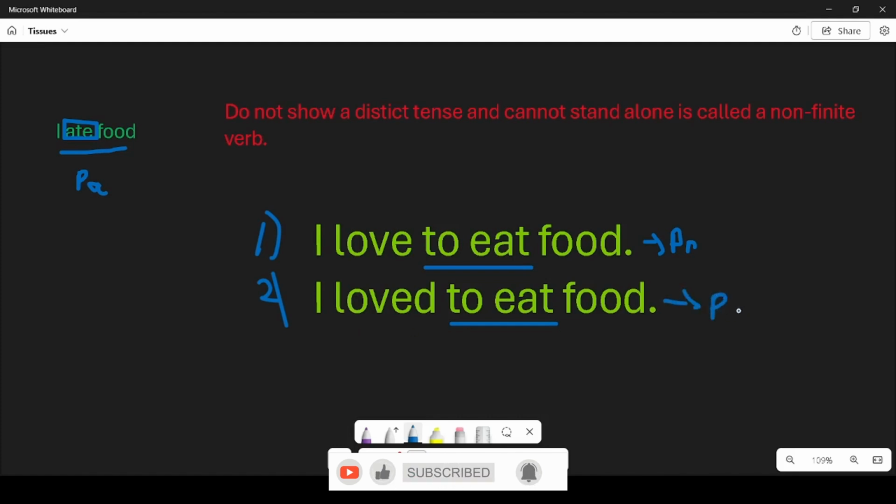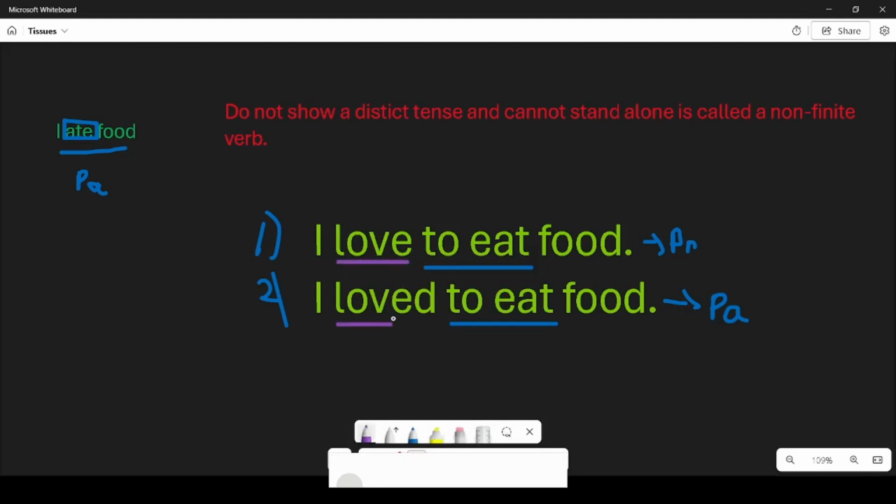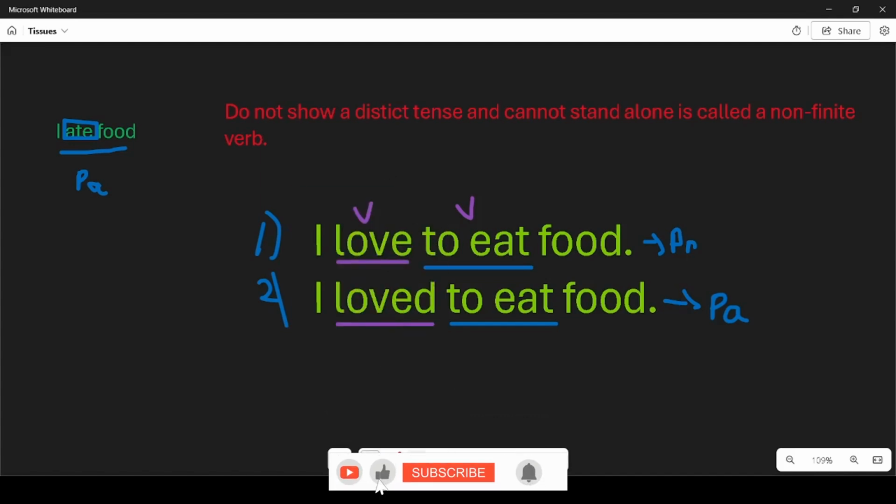So it shows a past form, because of the word love. With the word love, you can know the tense of the sentence. But the word to eat is also a verb. These two words are verbs. From this you can understand that one of them is a finite and one of them is a non-finite. Can you tell which one?